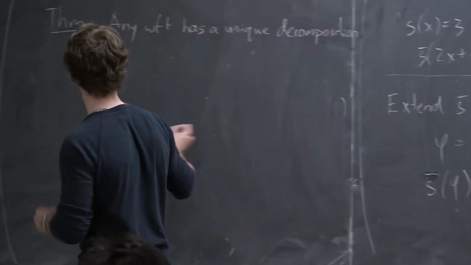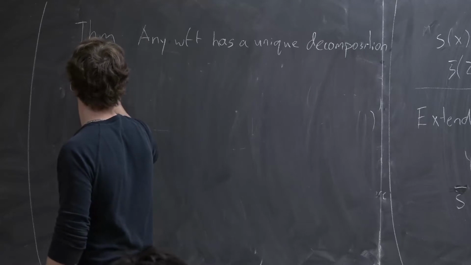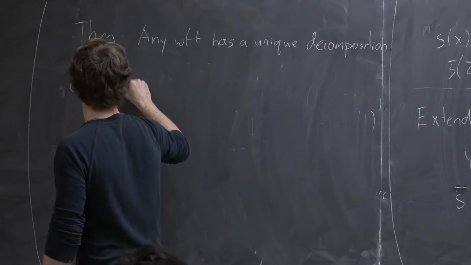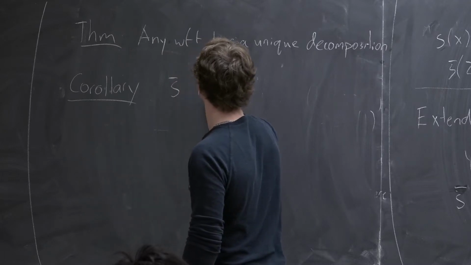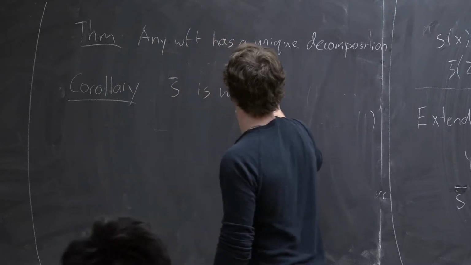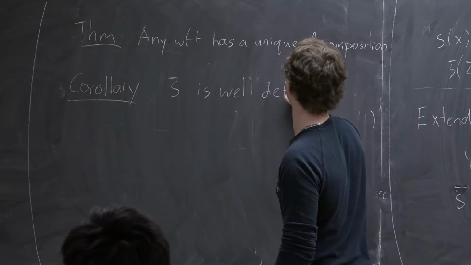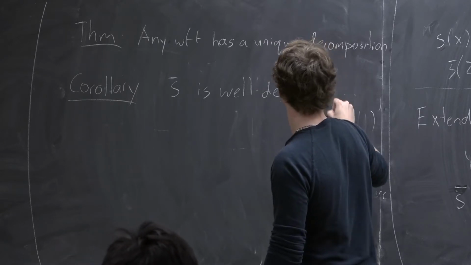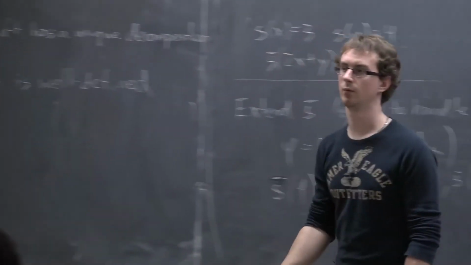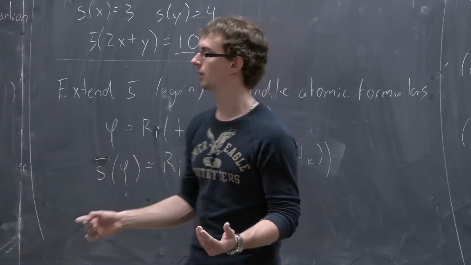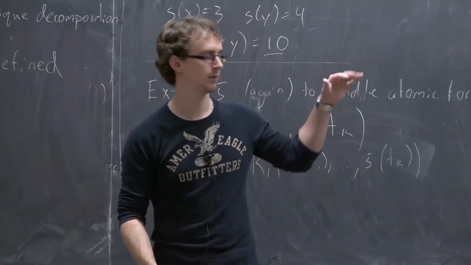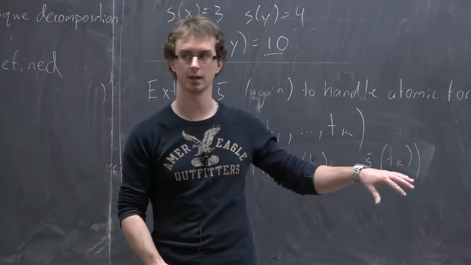And as a corollary to this, S bar is well defined, right? Because we only have one way we can inductively break down our formula, so we only have one path down this recursive tree that we can take.